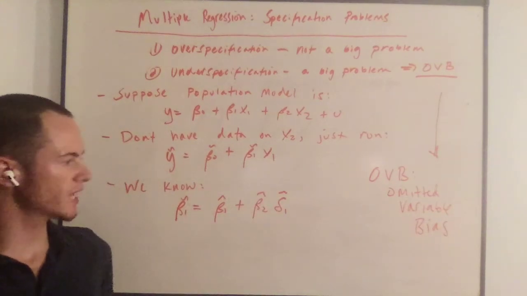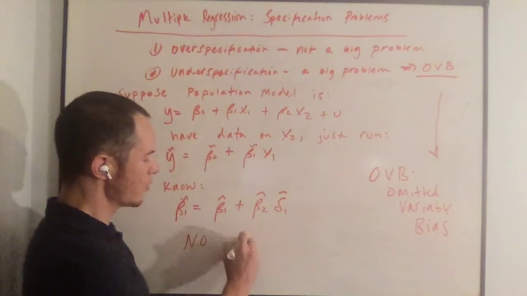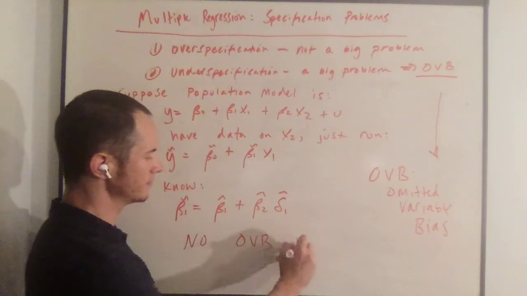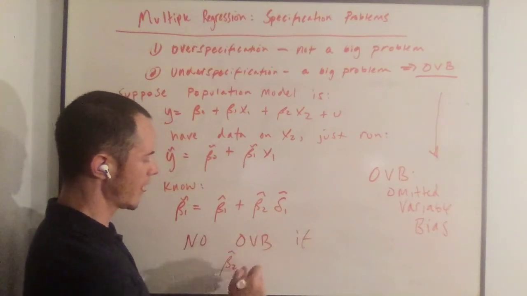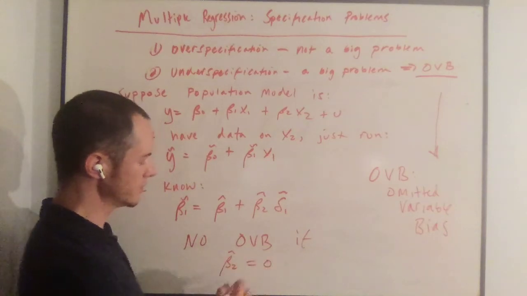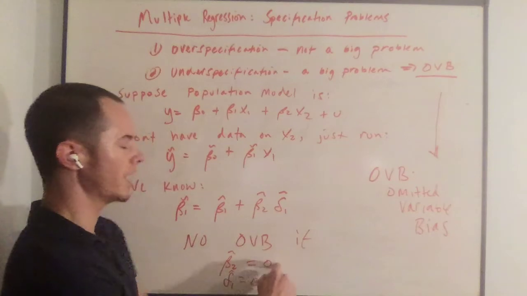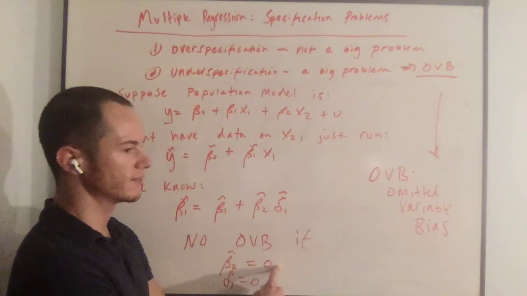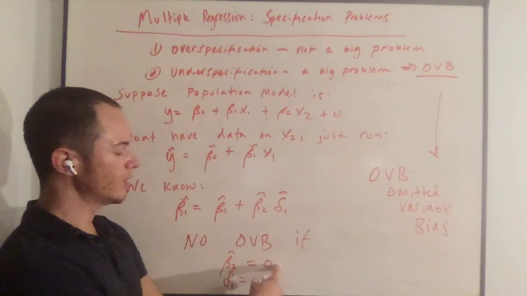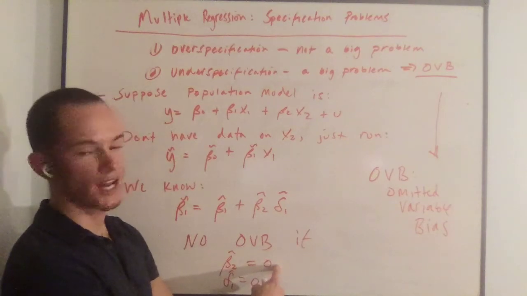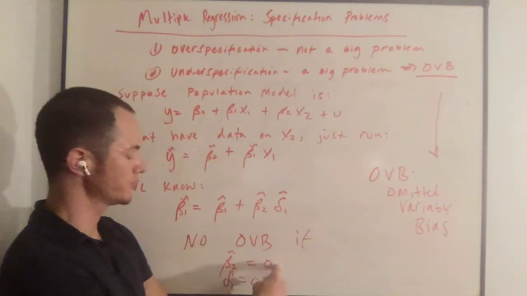The only time that we won't have omitted variable bias is if beta 2 hat is equal to 0 or delta 1 hat is equal to 0. Beta 2 hat equal to 0 is if the variable x2 does not enter the population regression model and therefore is not contained in u.